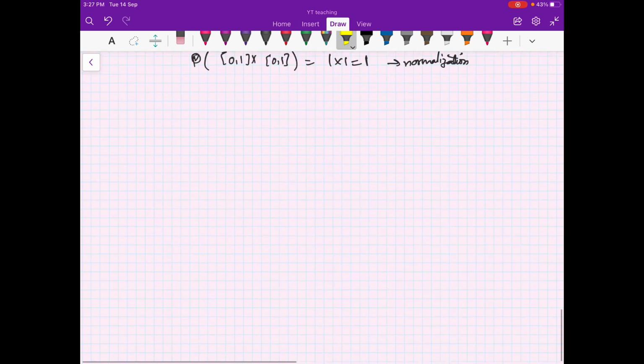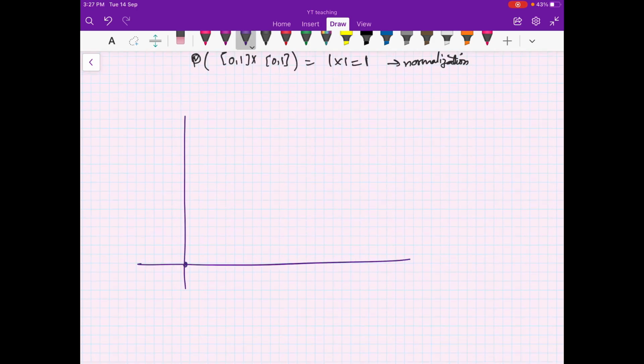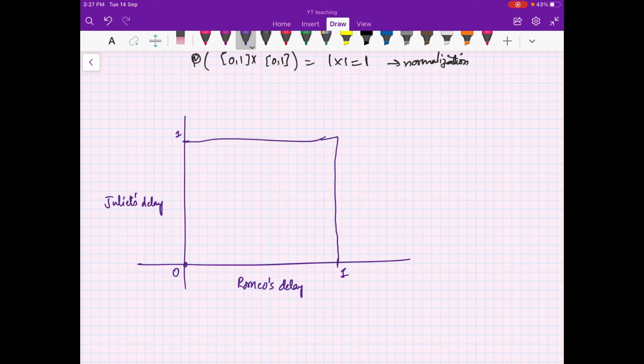So let me draw again. So we have this as our sample space. So this is my meeting time. So this is delay by Romeo, Romeo's delay, and this is delay by Juliet, Juliet's delay, right? So now see, suppose this is 15 minutes, so 1 by 4.